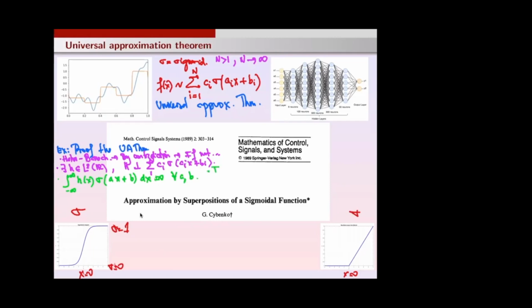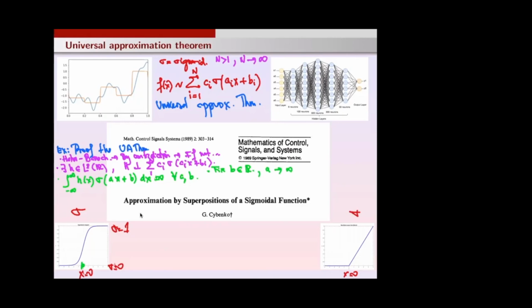We say, okay, fix b. So what are we doing when we are fixing the b? We are fixing the center of gravity that will not be 0 necessarily, will be placed wherever I like. And now let a go to infinity. What happens then when a goes to infinity?